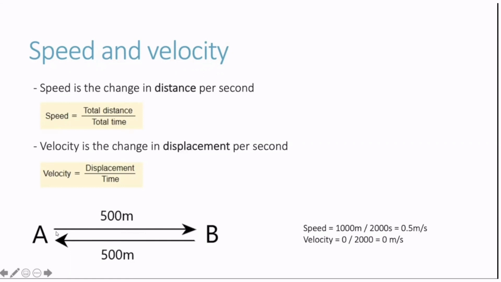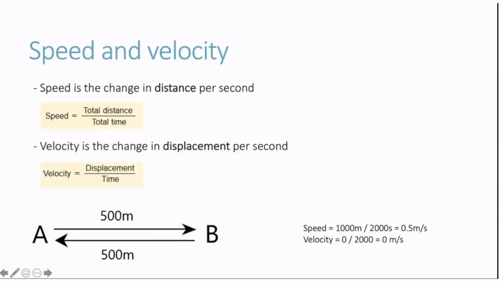So here we can see that the person goes from place A to B and then comes back again. That is 500 meters gone and 500 meters back. Let's assume that he does that in 2000 seconds. So the speed would be total distance upon total time, that is 500 plus 500, which would give us 1000, and total time is 2000 seconds.